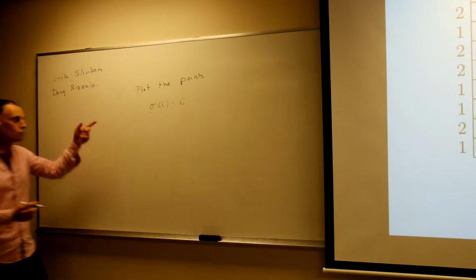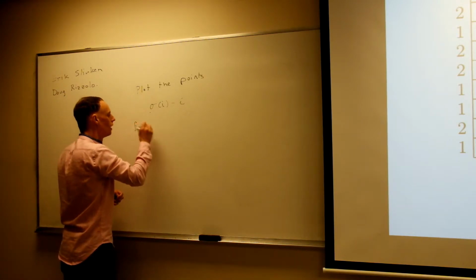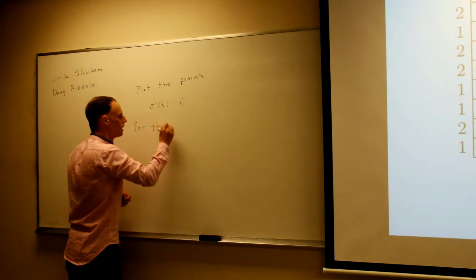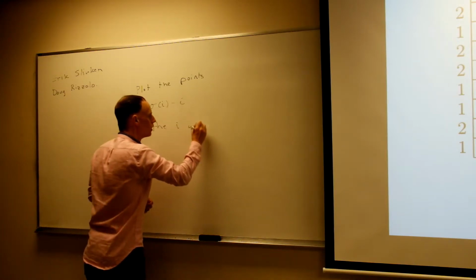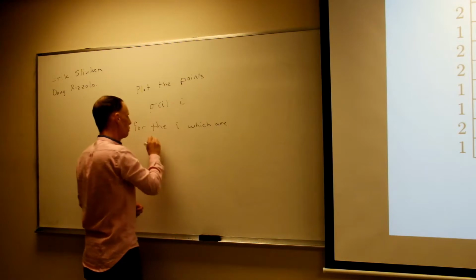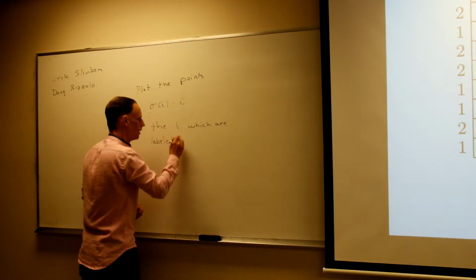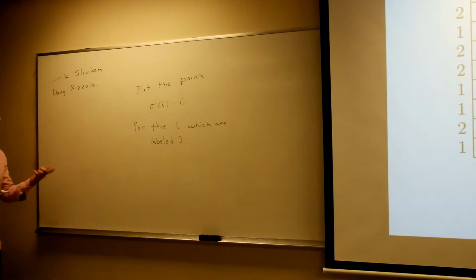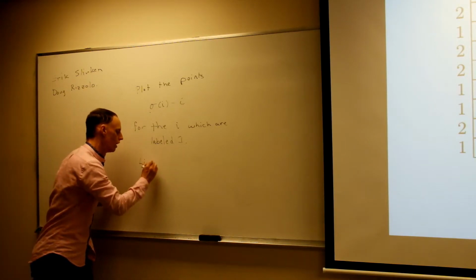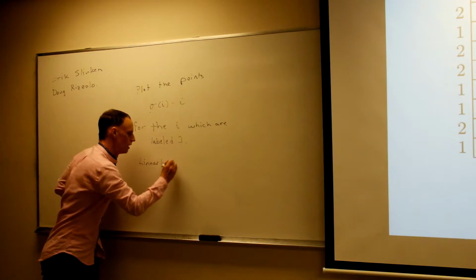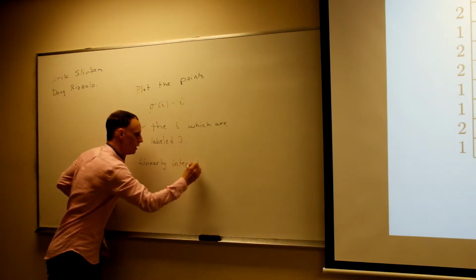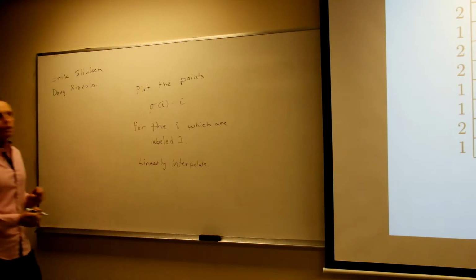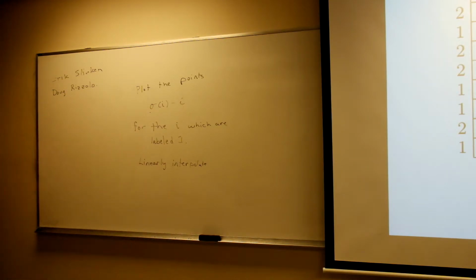So I'll plot the point sigma I, or the I which are labeled 1, and then linearly interpolate. And this gives me a function here. And now I want to see what happens to this function for a typical permutation as n gets large.